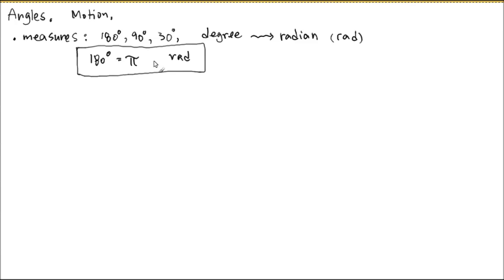So here, it's not hard to see what's going on. You kind of treat this symbol degree as if it is something multiplied to 180, and RAD as if it is an x multiplied to the number 3.14. So it's pi times radian, as if you can treat it like that. Once you treat it like this, the following formula makes sense. 180 is multiplied to degree. 1 degree multiplied by the magnitude 180 is 180 degrees.